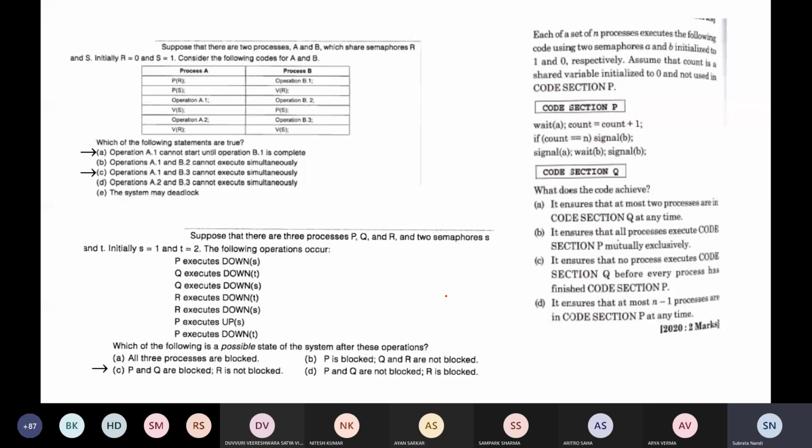What about this one? This question appeared in the GATE examination in 2020, and you can easily download it from the internet also.